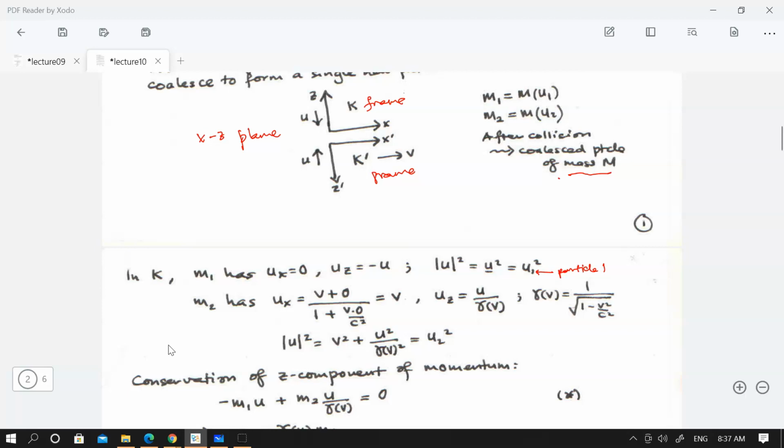Looking back at the addition of velocity formula from earlier, that gives you just v, the frame velocity.